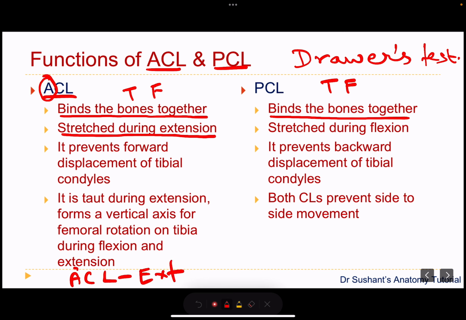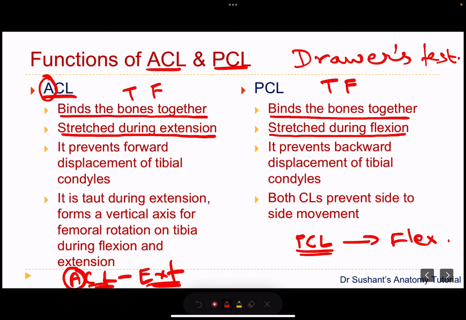So the anterior cruciate ligament will be taut or stretched during extension. Similarly, the posterior compartment of the leg consists of muscles which flex the ankle joint. So the posterior cruciate ligament will be taut or stretched during flexion. So you can easily remember this.